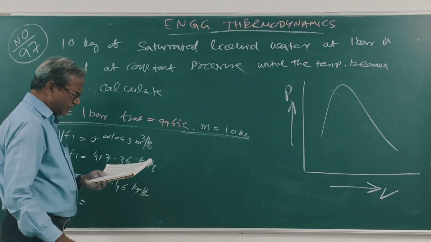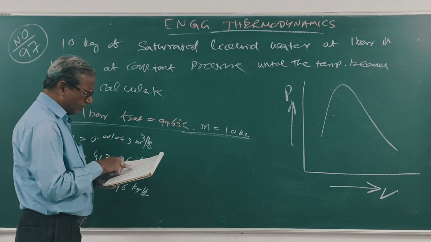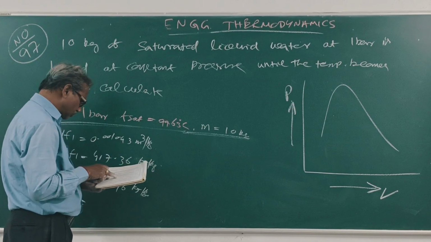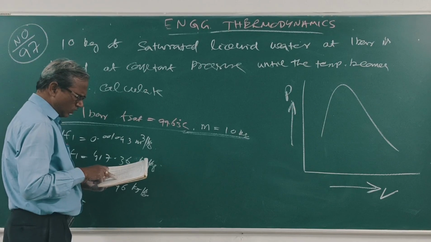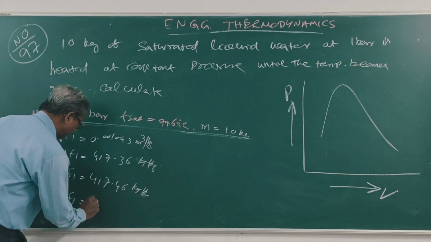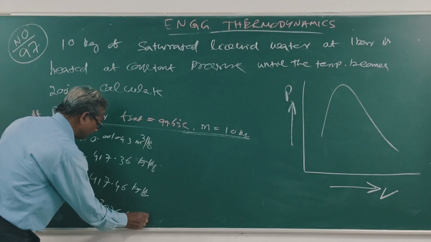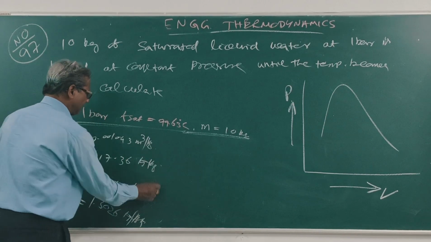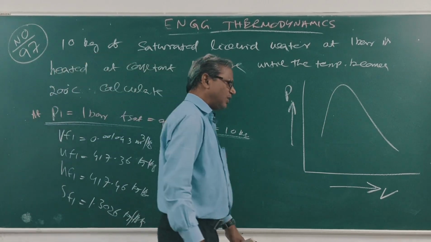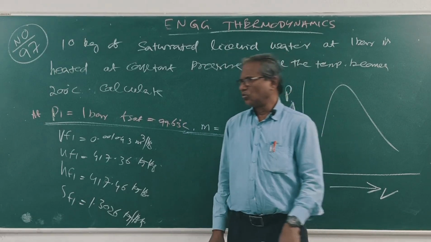And sf at 1 bar is equal to 1.3026 kJ per kg Kelvin. Clear? These are all values at state 1.